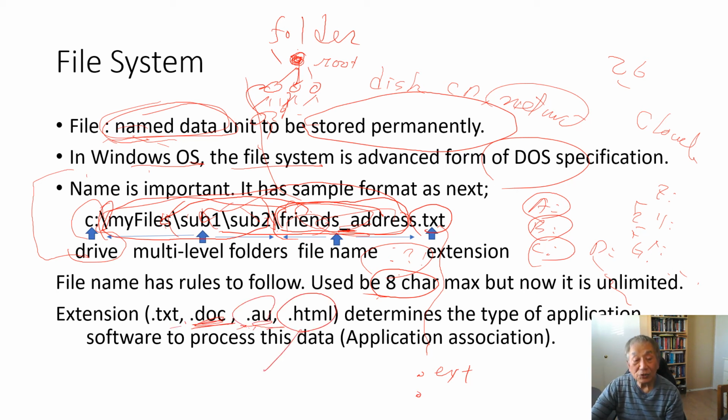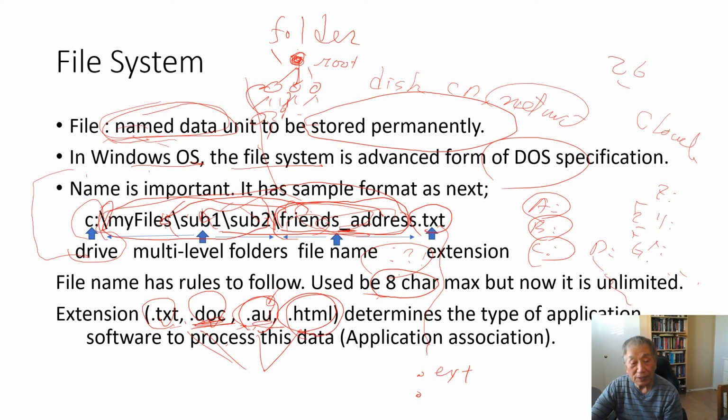The extension tells you what kind of file it is, the nature of it. For example, this is a text file we can read. This is a document file from Microsoft Word. This one is an audio file, usually from the Apple line of products.